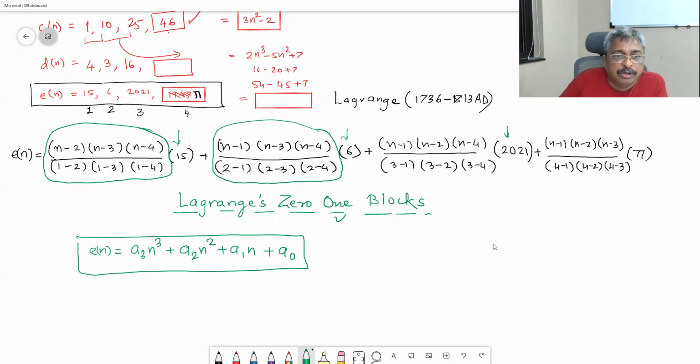In this expression also, if you put n is equal to 1, you will get 15. If you put n is equal to 2, you will get 6. If you put n is equal to 3, you will get 20, 20. And if you put n is equal to 4, you will get pi. That will happen up to this. However, the fifth number is fixed now. We don't have a choice for the fifth number, because the formula is fixed.